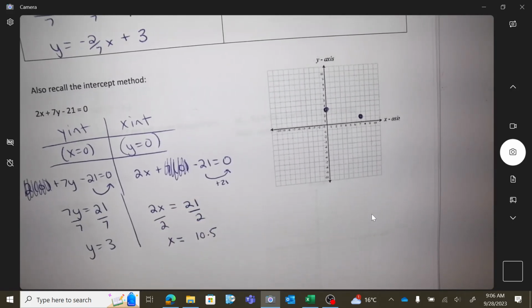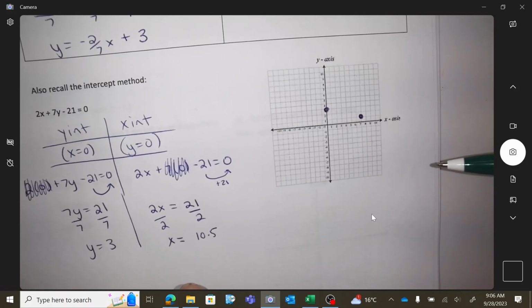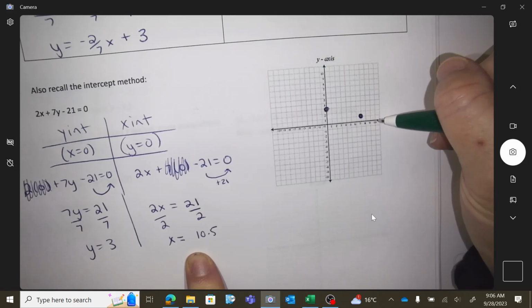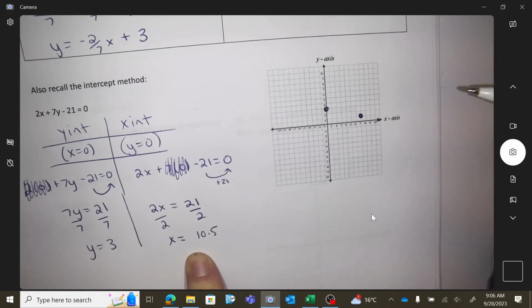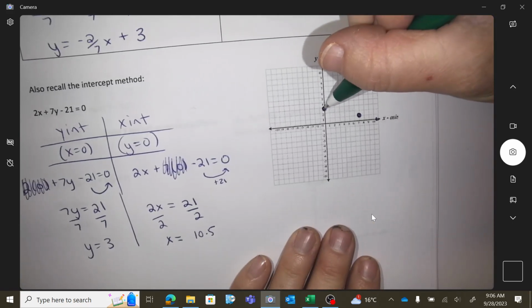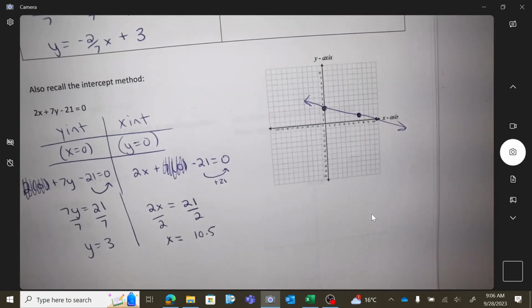So that is the line that we have. I'm going to draw it, but I'm also going to do this. If your x-intercept is 10.5, which would be right there, does that also fit into our pattern? So that's pretty neat that it fit in there as well. So everything will always connect together.